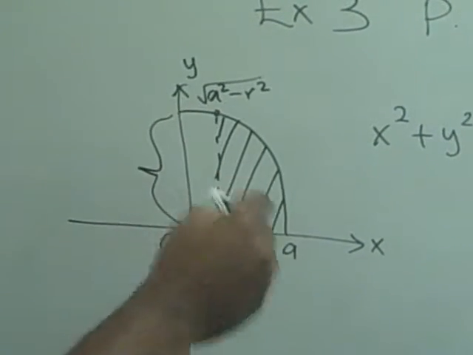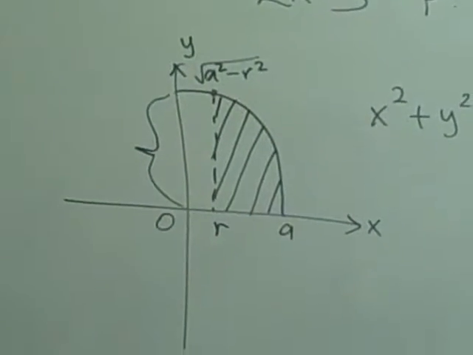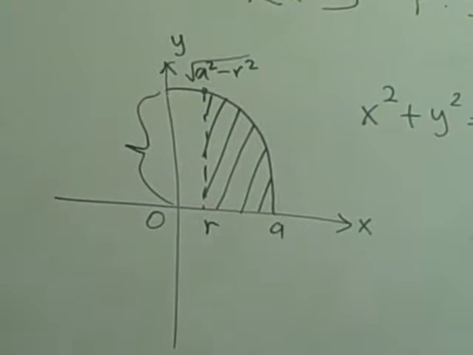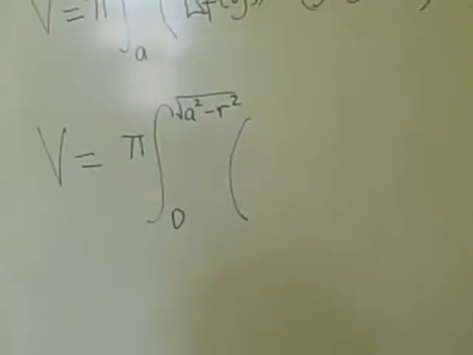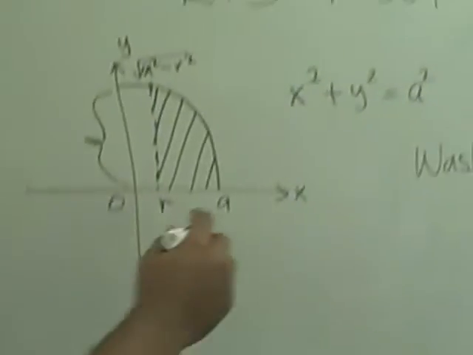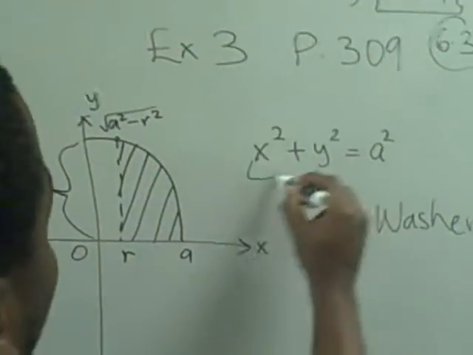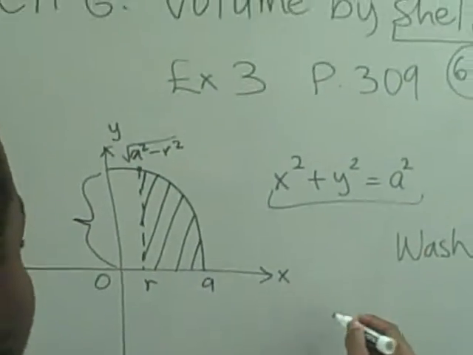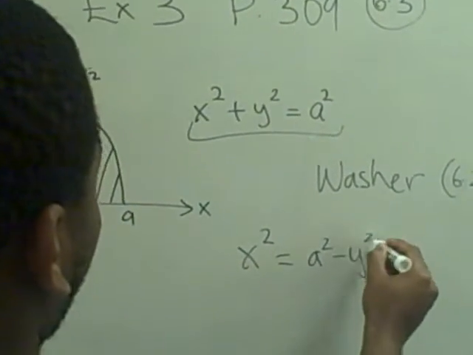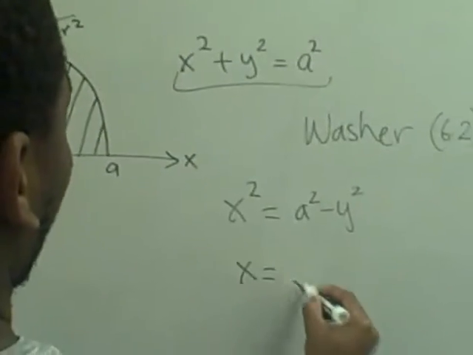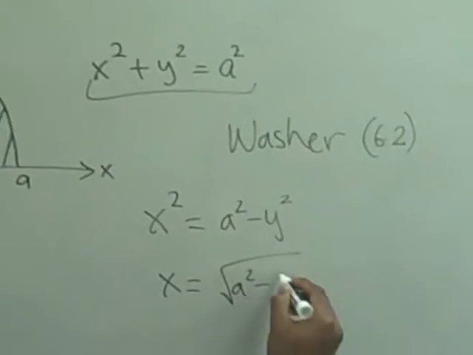It has to be in terms of y, so x squared equals a squared minus y squared, which turns out to be x equals the square root of a squared minus y squared.